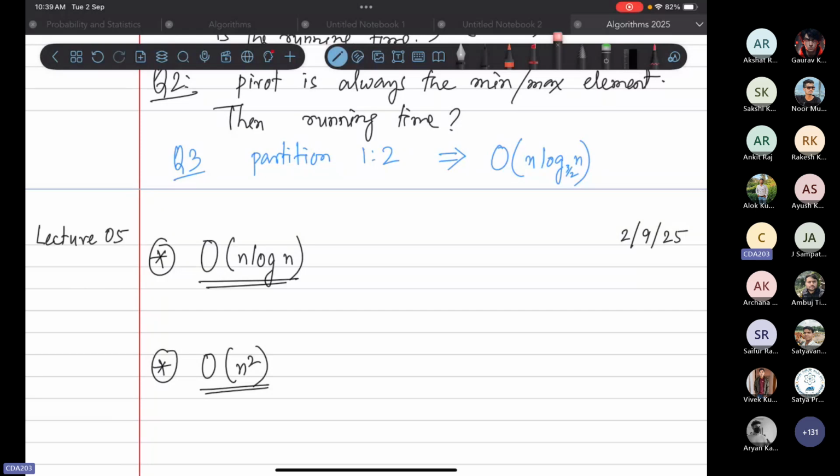Let us understand this first. Would anyone like to make a guess? In which case are we going to have a running time of n log n?